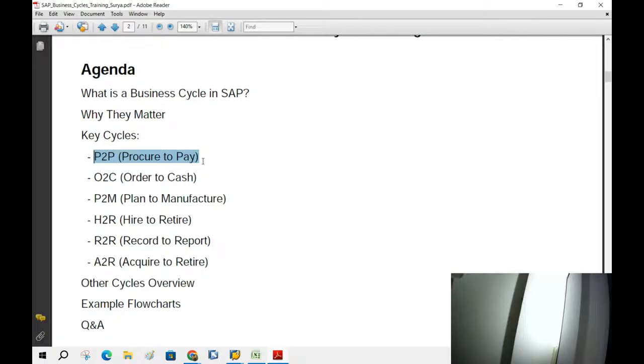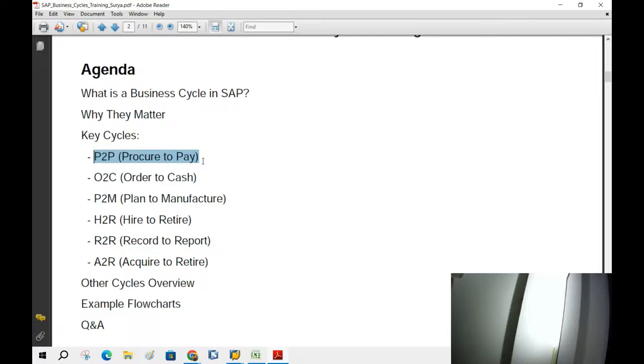Write down note 1: the procure to pay cycle can also be called the P2P cycle, or the MM cycle, or accounts payable because money is being paid out. Clear, Daniel?